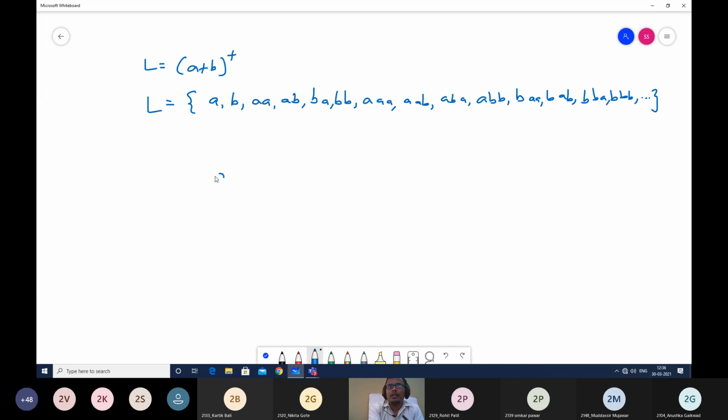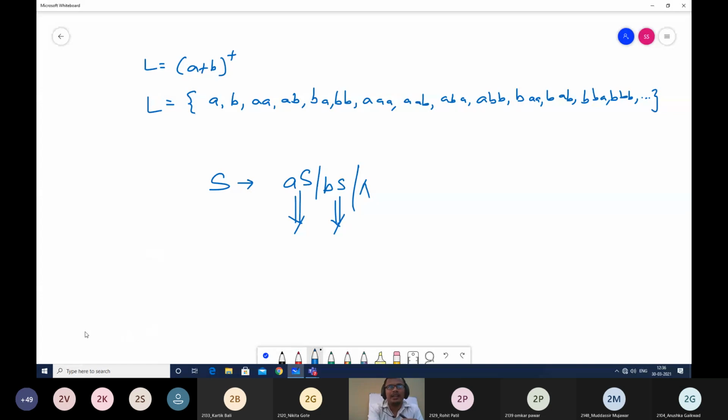So now in the earlier grammar we had written conditions like this: S gives AS or BS. For repeating any number of A's, I write AS. For repeating any number of B's, I write BS. But to stop that, in the earlier example we had written null. Now if we write null over here, what will happen?